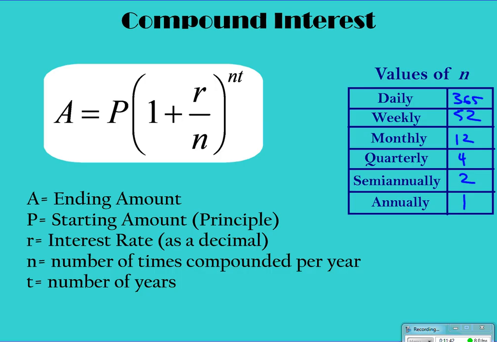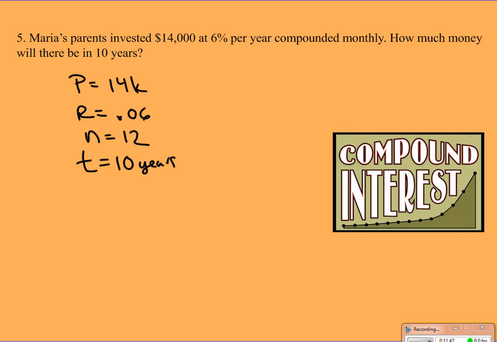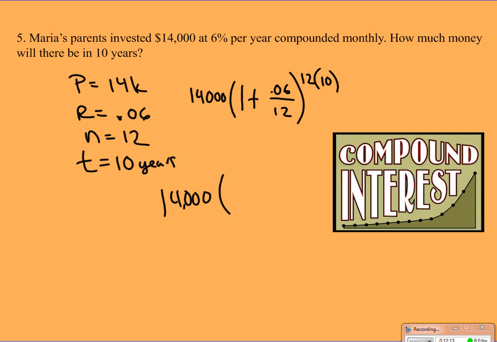So let's go back, take a look. So we've got P, we've got R, we've got N, we've got raised to the N times T. So my principal amount is 14,000. And this is going to be 1 plus, what did it say? 1 plus the rate, which is 0.06, divided by how many times they do it per year, all raised to the number of times they do it per year times the years. Okay, so this becomes 14,000 times 1 plus 0.06 divided by 12.